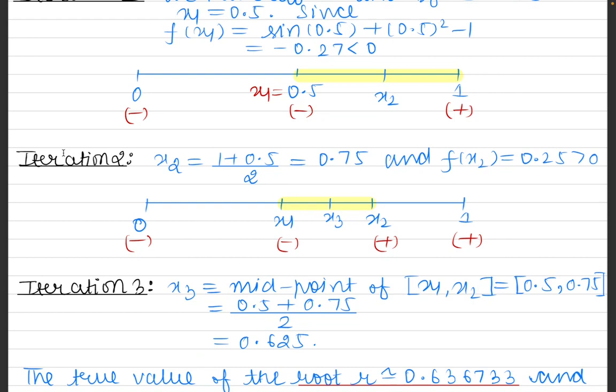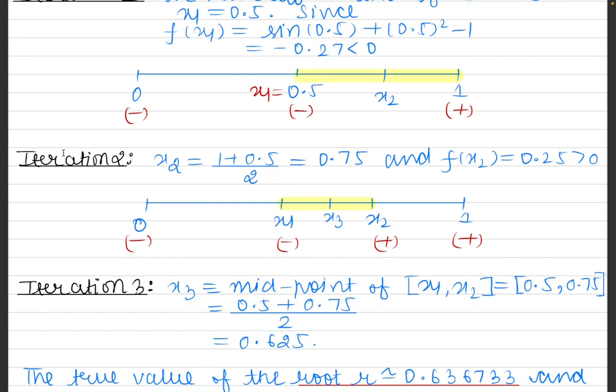Iteration 3 is x3. What will it be? It will be the midpoint of the interval x1, x2. x1 is 0.5 and x2 is 0.75.